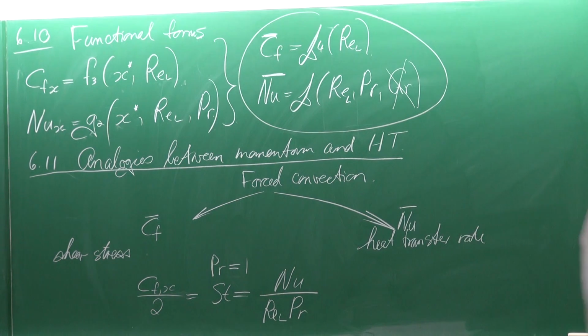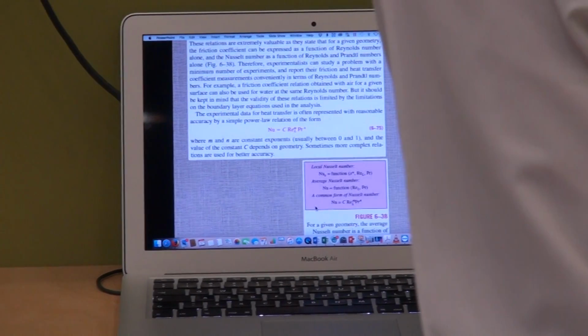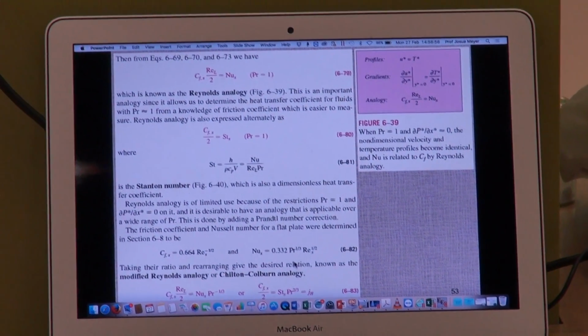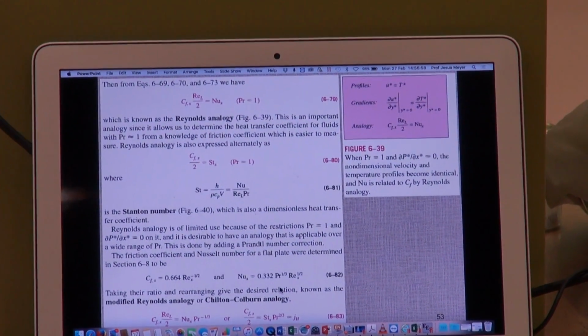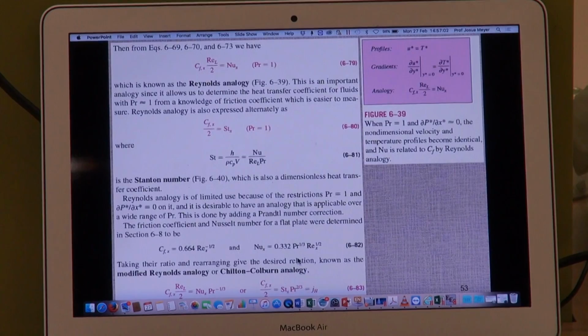I don't know if you all can see it down there. Let me see if I can show it to you on a PowerPoint. There you go. So the friction coefficient divided by 2, forget about the Stanton number for a moment.